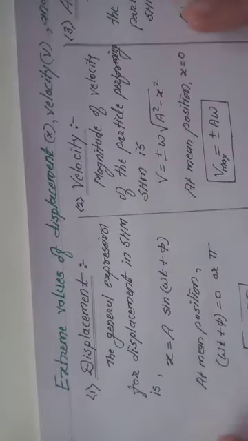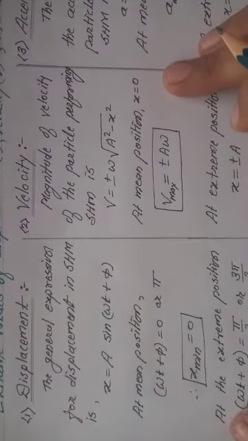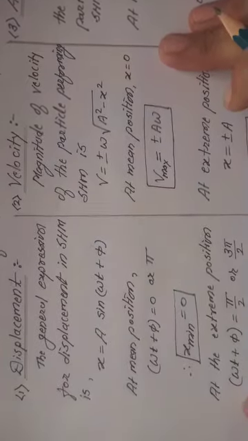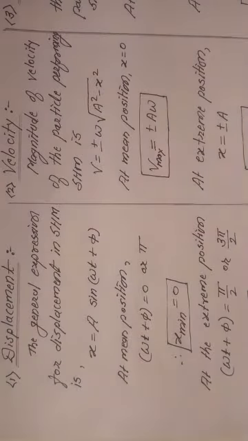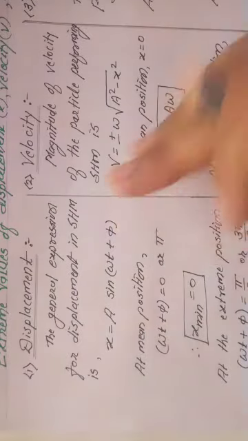Now we will discuss the extreme values of displacement, velocity and acceleration. That is, when the particle is at the extreme position, what will be the displacement, velocity and acceleration. First we discuss displacement.